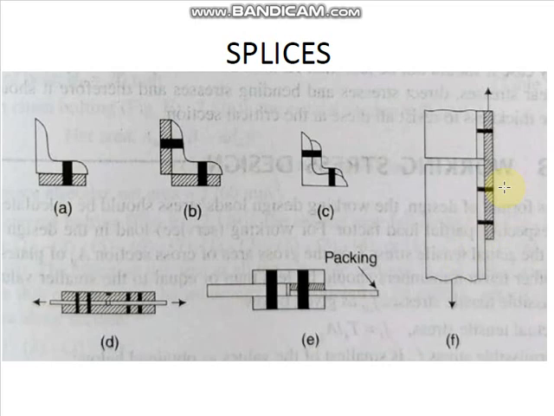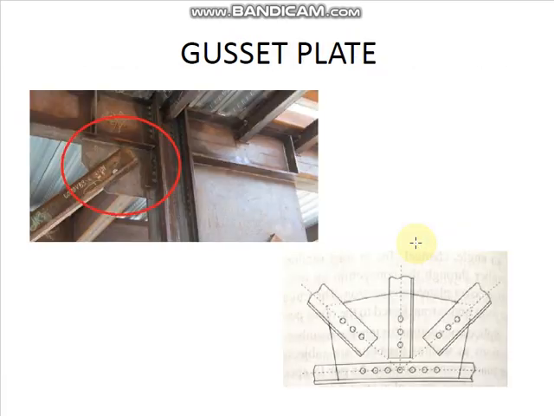The force is then carried through these covers across the joint and is transferred to the other portion of the member through the connection. Here in this figure you can see how splices are used to connect different members.